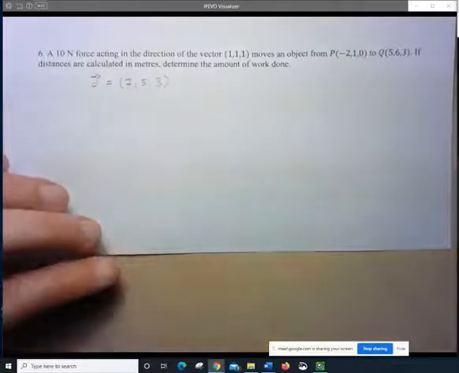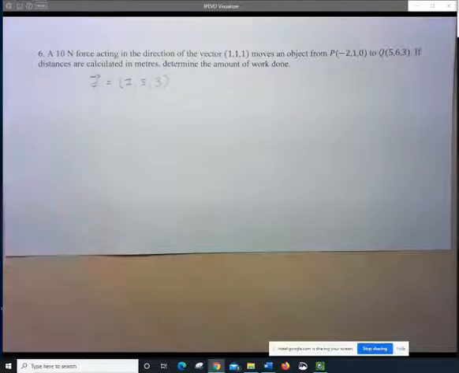So can somebody give me a quick way to get this vector without having to solve an equation? What trick did I use in that question from the quiz? I could solve an equation for sure, no worries about that, but what was a way to determine this vector very easily and quickly?